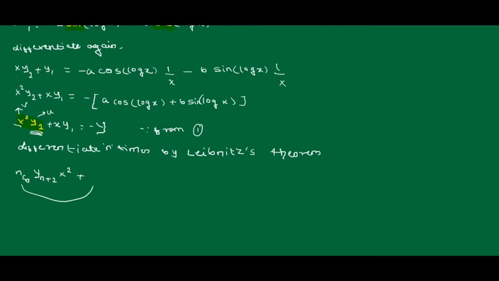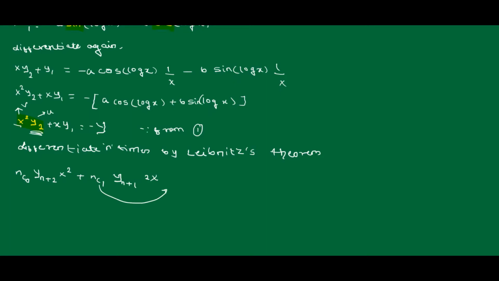nC0 is over. Next we can write nC1. y(n+2) is over. In decreasing order you write y(n+1) into the differentiation of x square. The differentiation of x square is 2x. Second term is over.